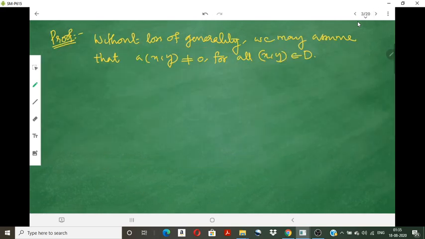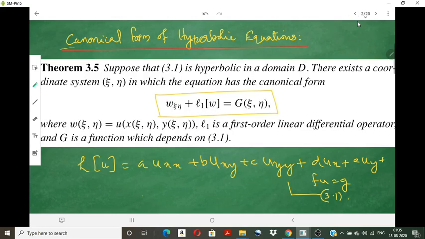So for proving this, without loss of generality, since we have to prove it for second order equations, we assume that at least one of the coefficients of the second order terms A, B, C is non-zero.